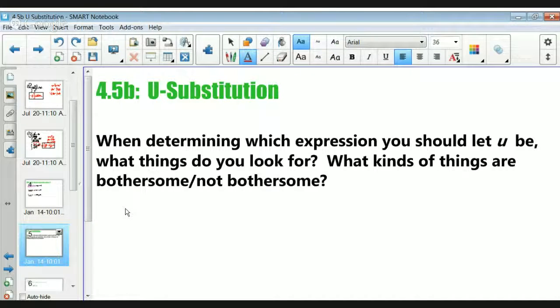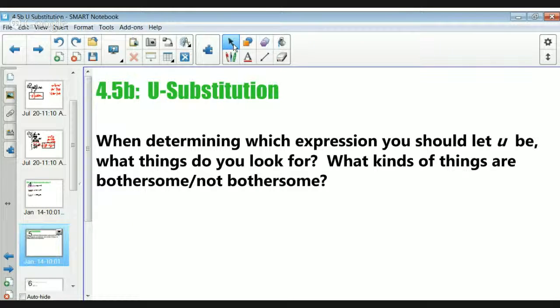All right, so hopefully you paused and talked with someone around you. Some things you may have talked about when you're looking for u: you're also trying to see if some version of the derivative of u is in there, right? That's one way that can be helpful when determining u.